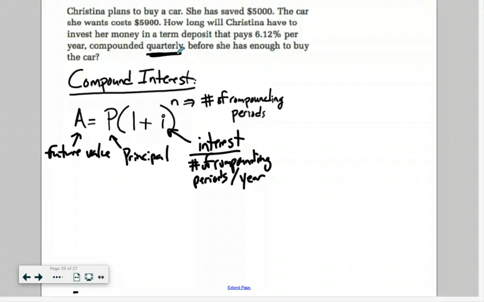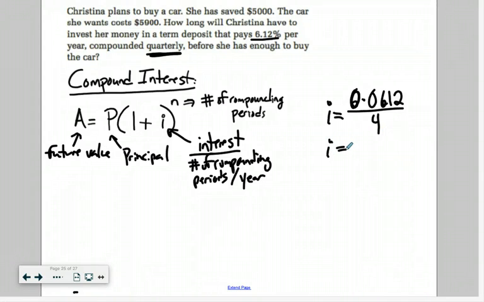So that I value is going to be that interest rate, which is here at 6.12%, so we're going to put that as a decimal as 0.0612, and we need to divide it by 4 because that interest happens 4 times, right? That 6% over the year happens 4 times, so we need to divide it by 4 to get the actual value there, okay?